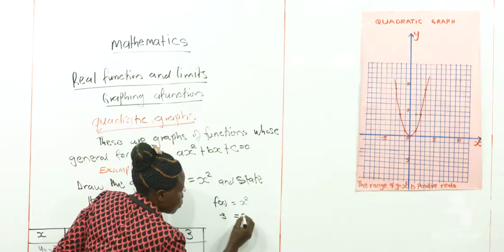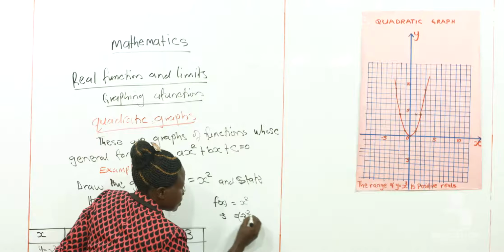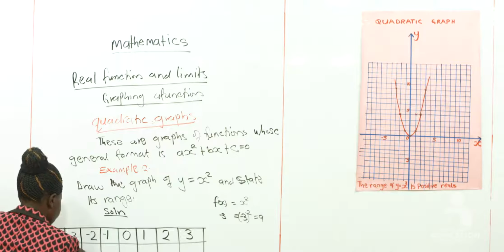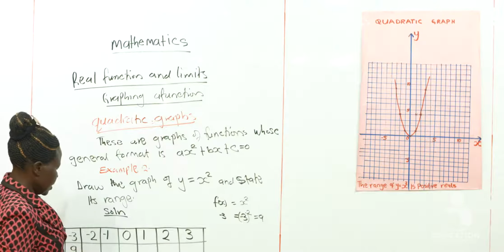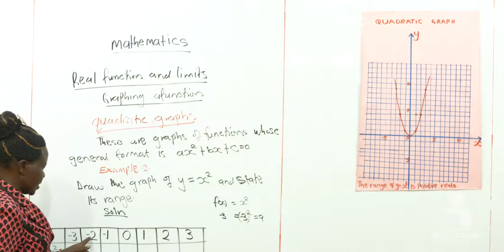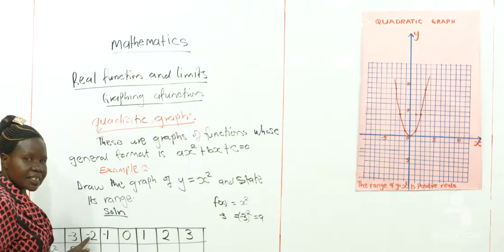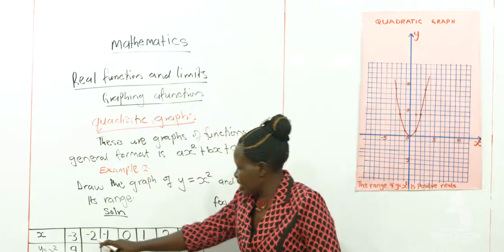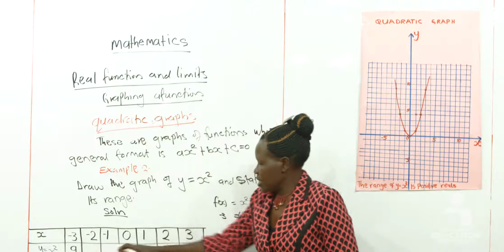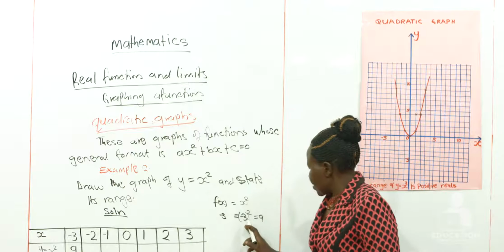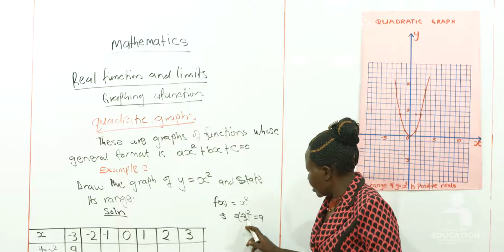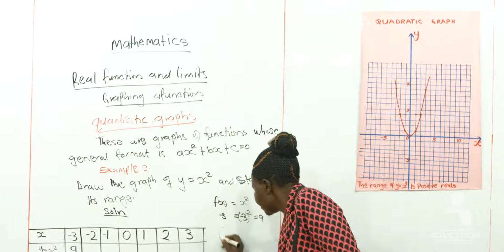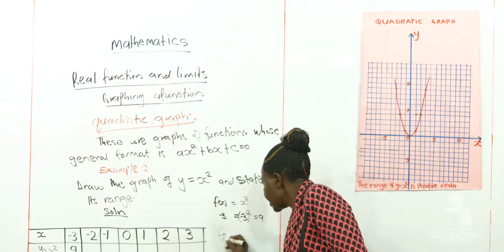So we are going to square the negative 3, which will give us 9. So here we are going to have 9. And then we move ahead by saying, if x is negative 2, we are going to substitute x with negative 2.